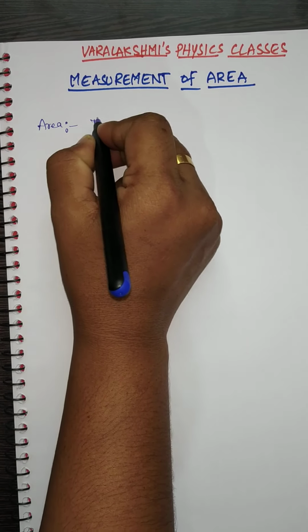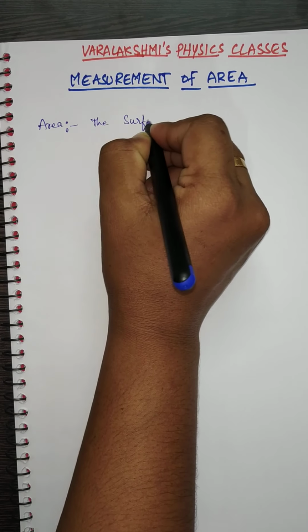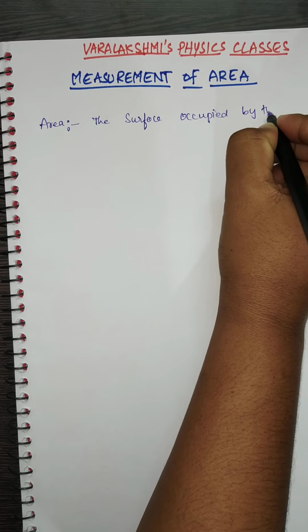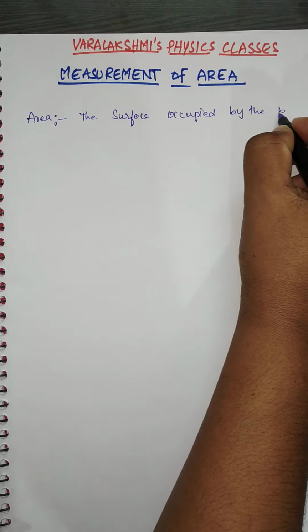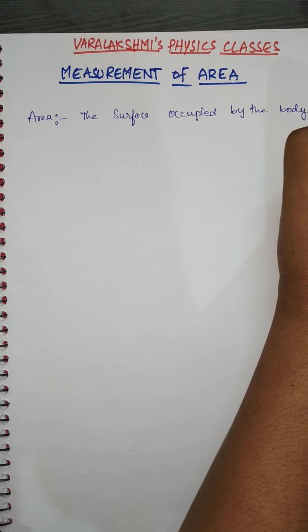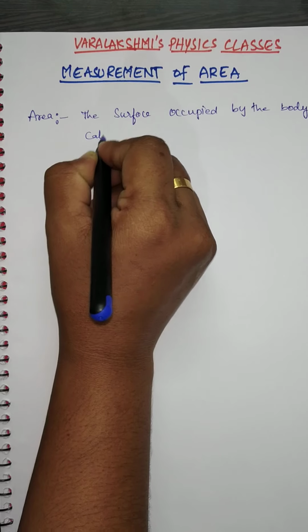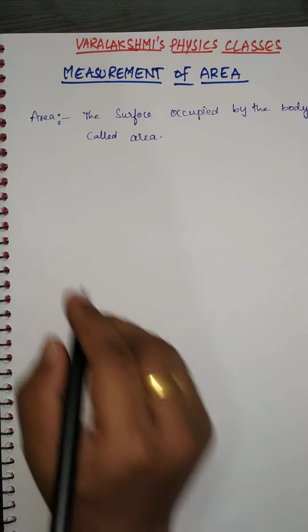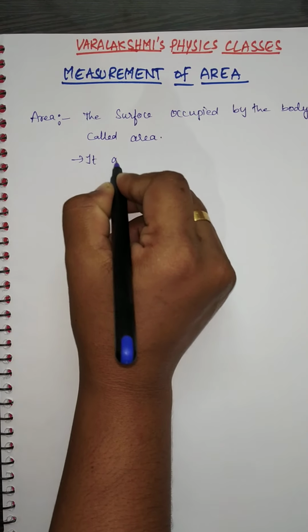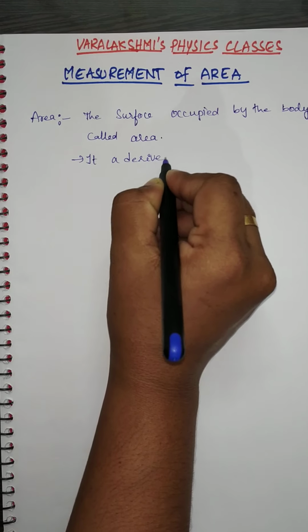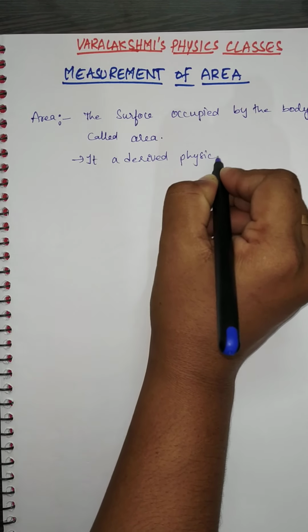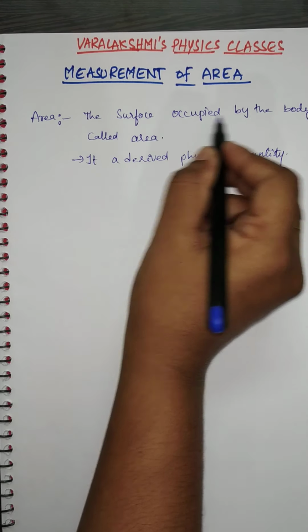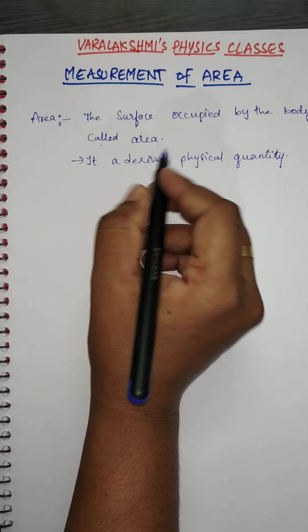The surface occupied by the body is called area, and it is a derived physical quantity.